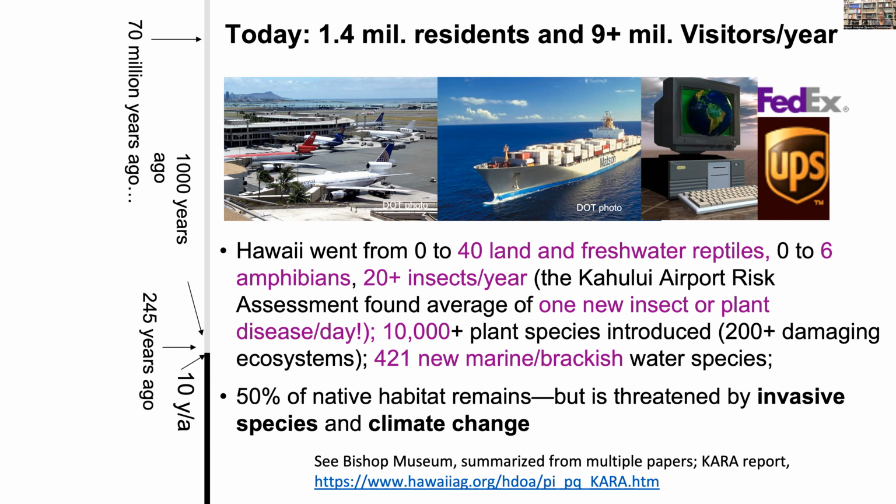We know we have at least 20 insects established per year, but there was a study done at the Kahului Airport on Maui, called the Kahului Airport Risk Assessment, or CARA.